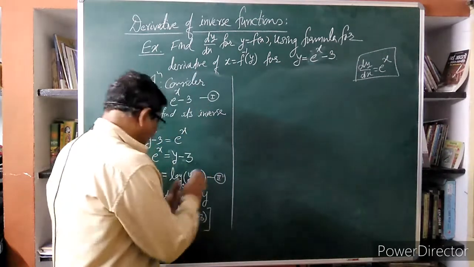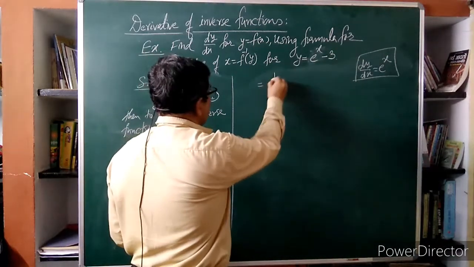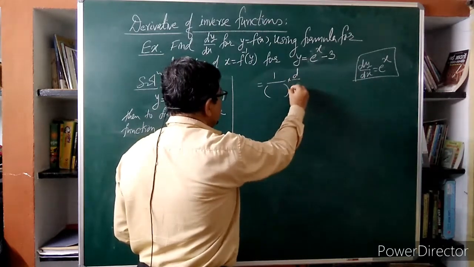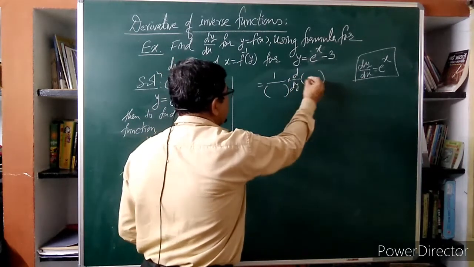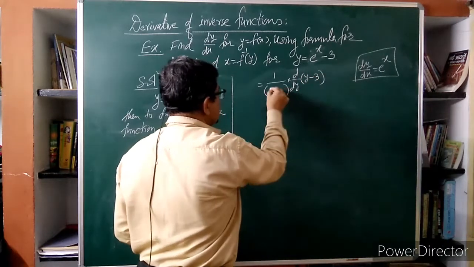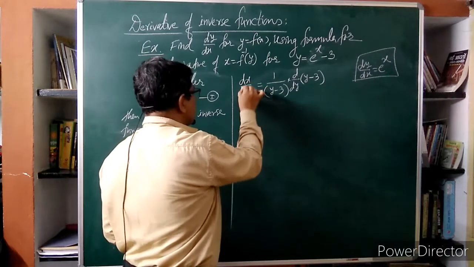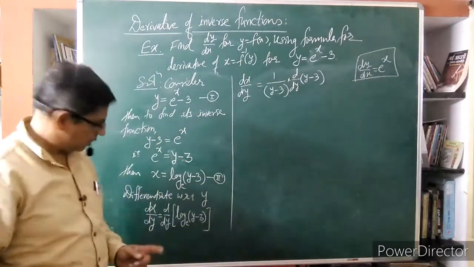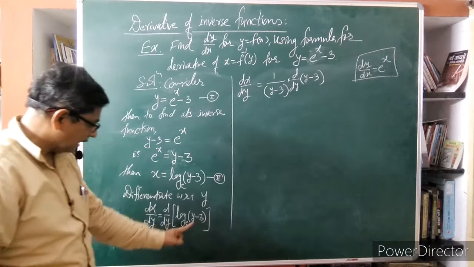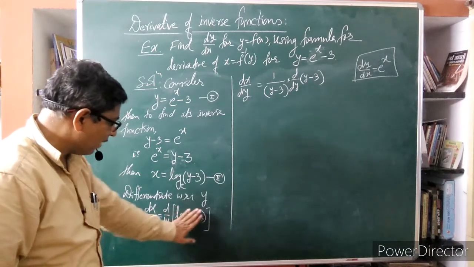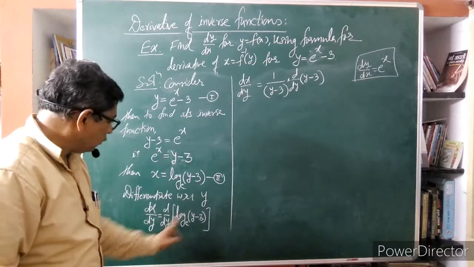So derivative of log of bracket is 1 upon the bracket into the derivative with respect to y of the bracket, and the bracket is y plus 3. Once again I will repeat this. This is a composite function. So derivative of log of bracket is 1 upon bracket into derivative of bracket.